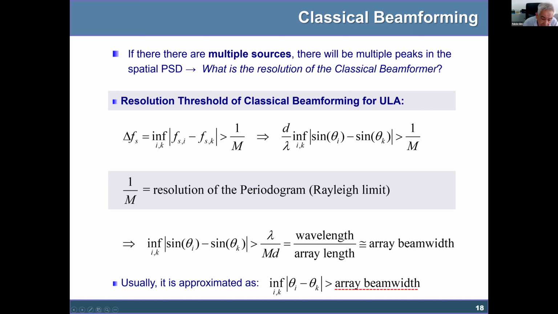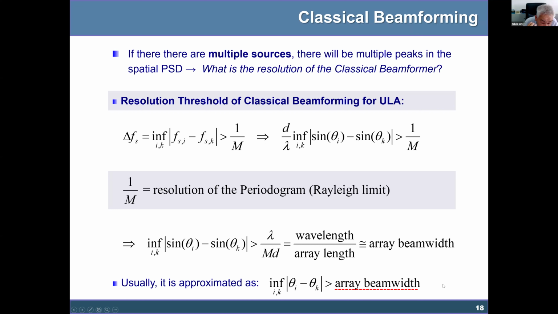Now, lambda is the wavelength. M times d, if the array is Euler, is exactly the array length, or the array aperture. Now, the wavelength divided by the array length is approximately the array beam width, so the width of the main lobe. So in other words, the relationship becomes the following.